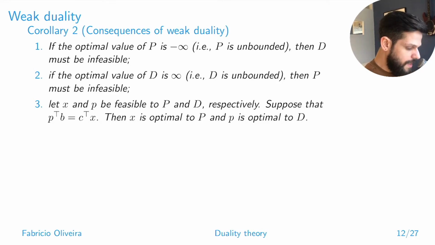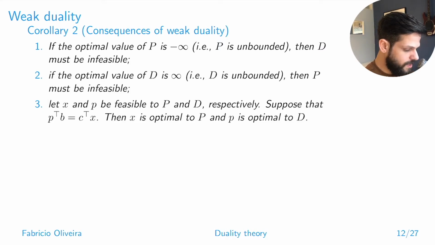And because of weak duality, you can predict relationships between primal and duals that go wrong. For example, if you have a primal that is unbounded, remember that we're minimizing, so minus infinity is a way of saying unbounded, then it means that your dual must be infeasible.